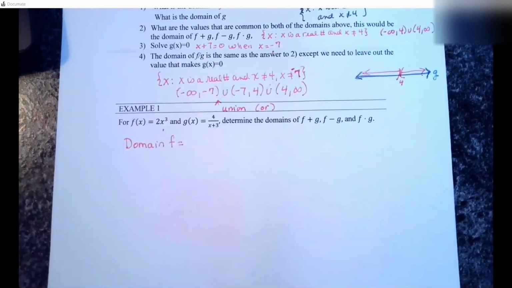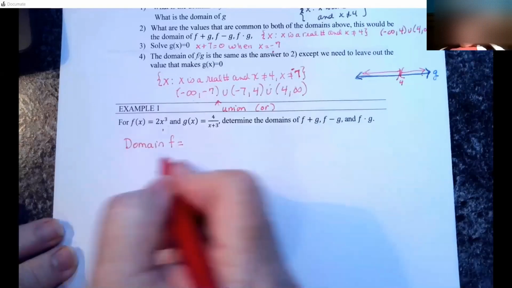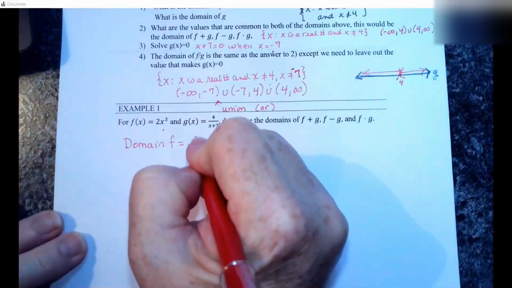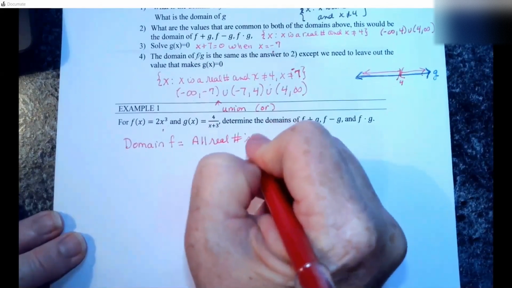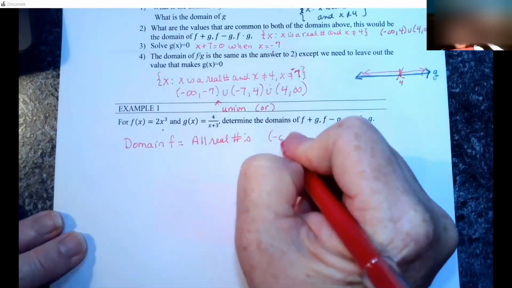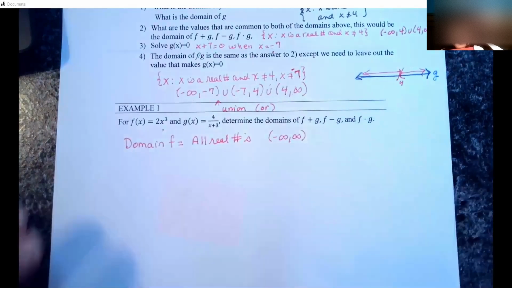And if you think about it, if you take any number and you cube it, you're going to get a real number. And then you multiply it by 2 and you still have a real number. So the domain of f is all real numbers. Or as an interval, it's from negative infinity to positive infinity.